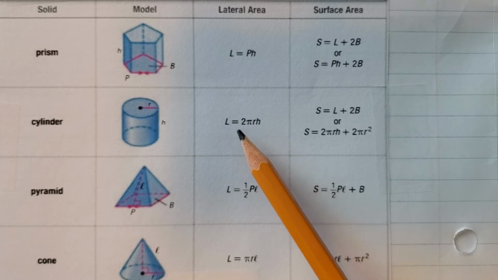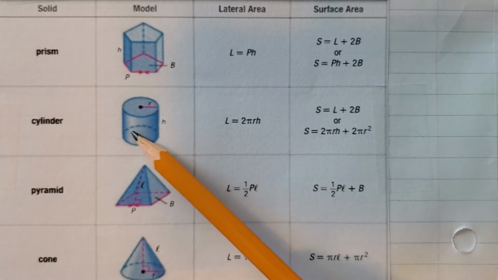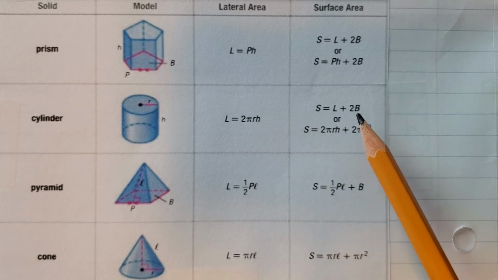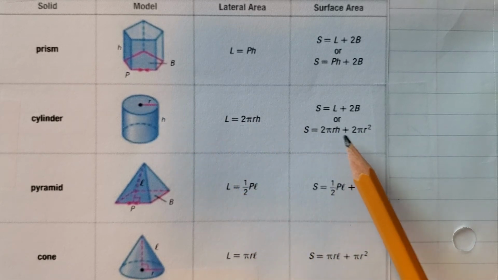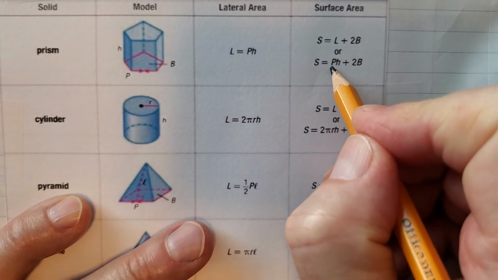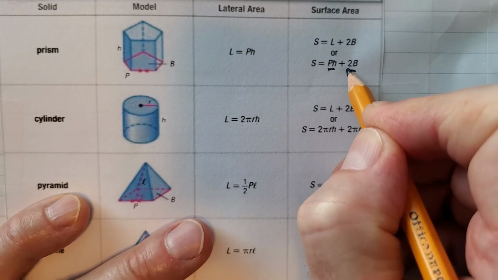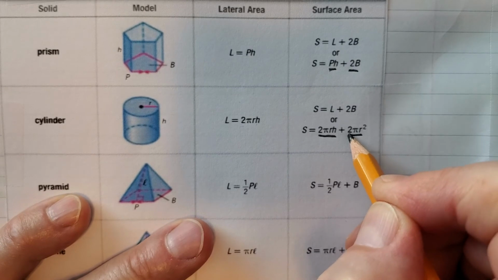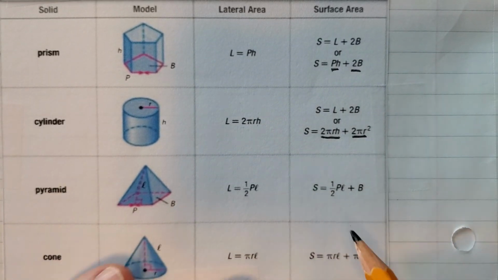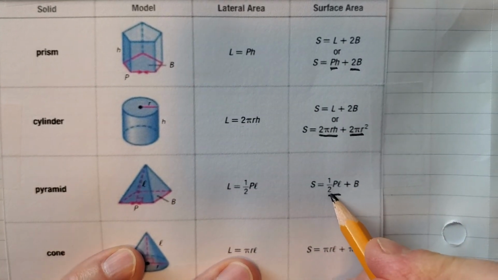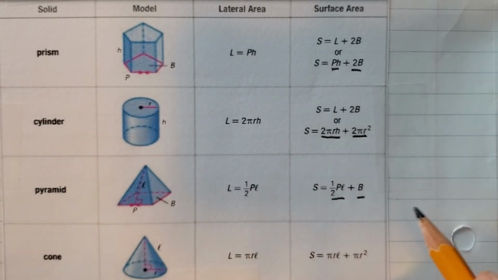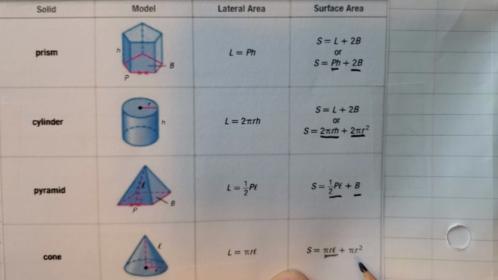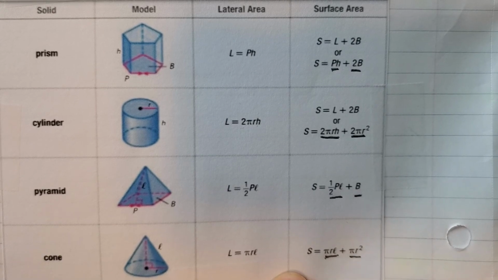The lateral area of a cylinder is 2 pi r times h, and we add in the two bases, which is 2 pi r squared. Here's your lateral area, and then there's only one base for a cone. Here's your lateral area, which is the Pac-Man part, plus your base area pi r squared.